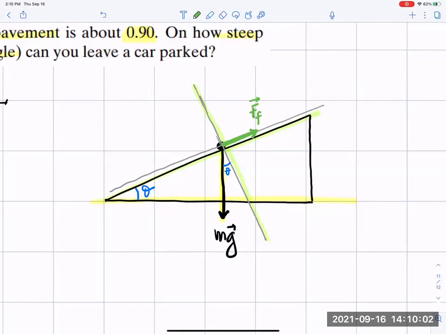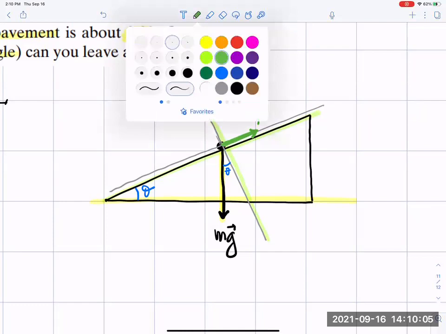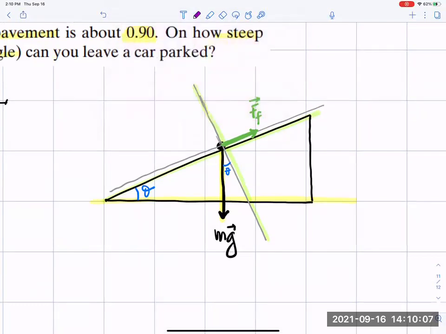Okay, now we have a normal. Remember, the normal is perpendicular to the surface. So our surface here is at an angle. So here it is, perpendicular to the surface. So we'll call this F normal.